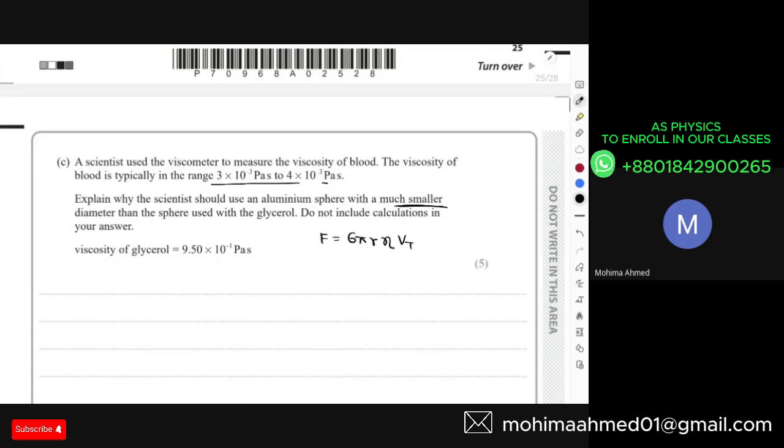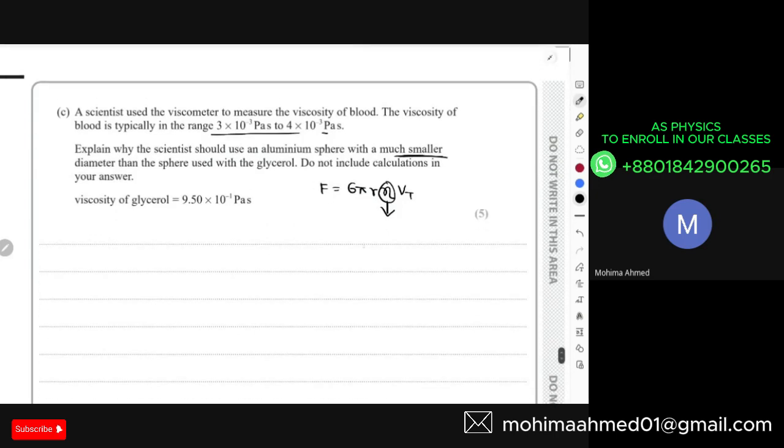So we have to make sure that your velocity is very small, so that it can be easily measured. If the viscosity is dropping down, drag will drop down, and we can rearrange this equation and write it like this: v term is force divided by 6 pi r eta, right?